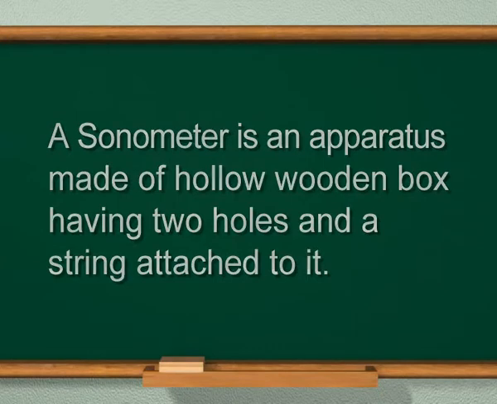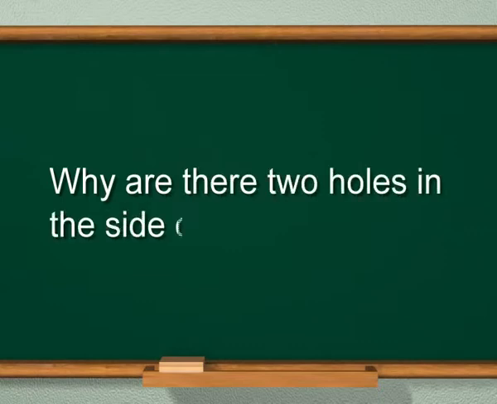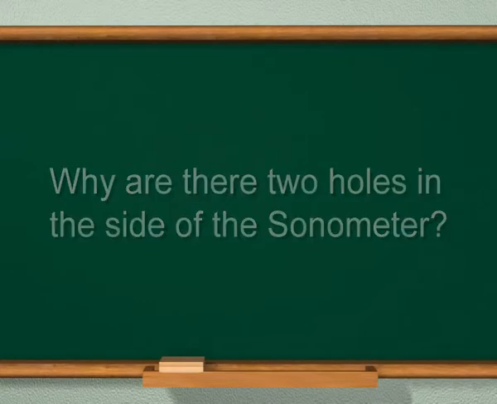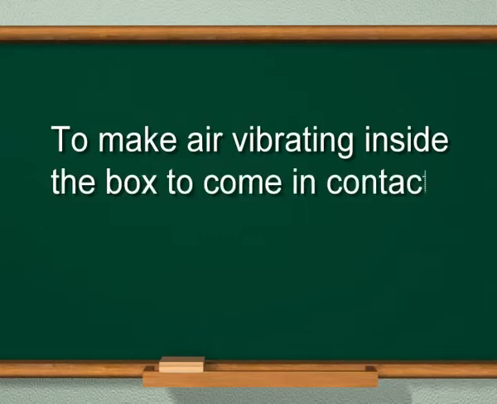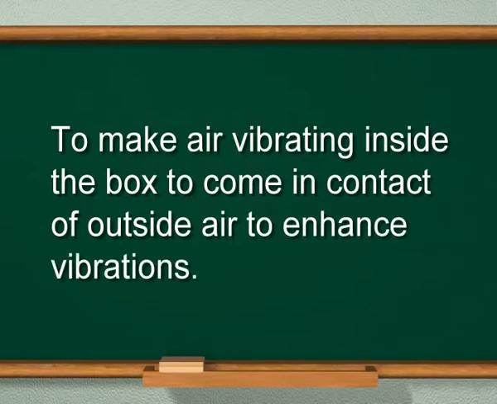The next question is, why are there two holes on the sides of the sonometer? The answer is, to make air vibrating inside the box to come in contact of outside air to enhance vibrations.